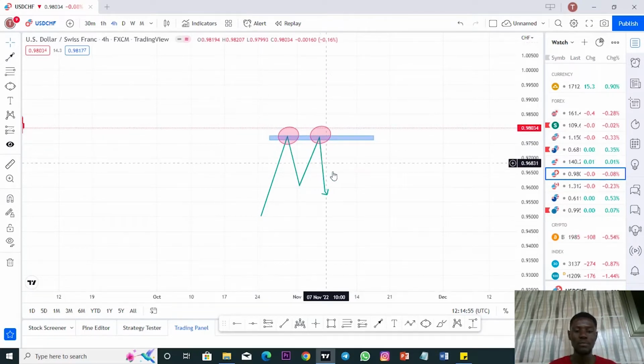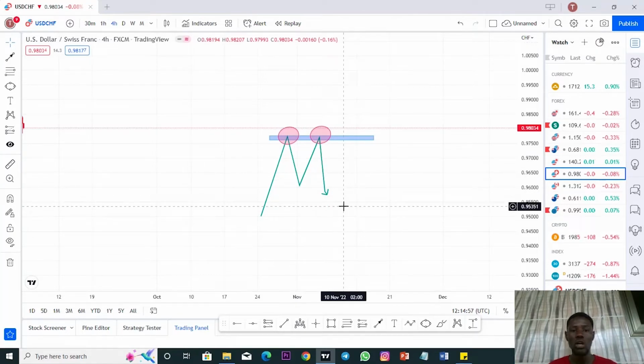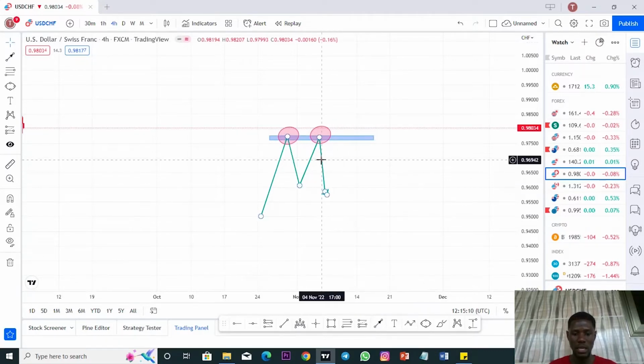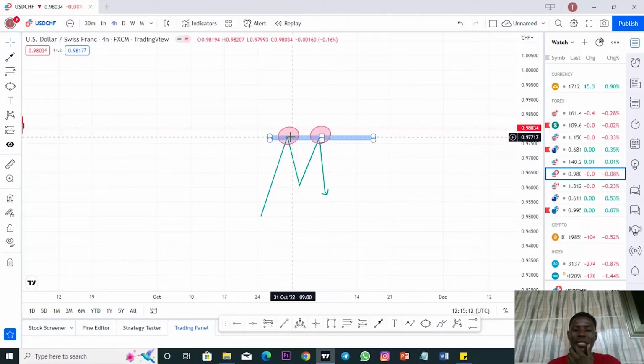Do you understand me? This is how you can trade a double top pattern very conservatively, very nicely, and you will be comfortable trading it. Before you can trade an M pattern, price has to reject the resistance for the first time.